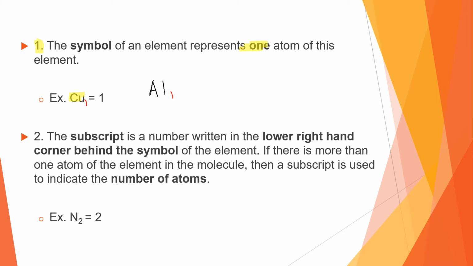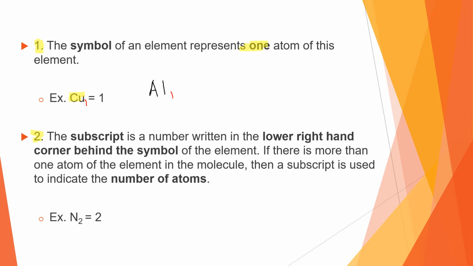Number 2 says, the subscript is a number written in the lower right-hand corner behind the symbol of the element. If there is more than one atom of the element in the molecule, then a subscript is used to indicate the number of atoms. So the subscript is always going to represent the number of atoms of that element.